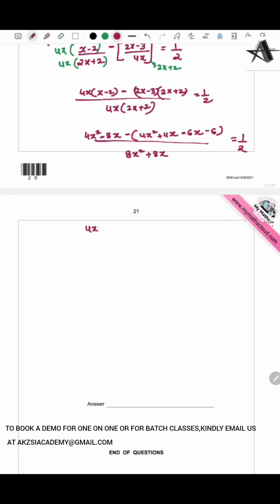This will be 4x squared minus 8x minus, simplifying inside, 4x squared minus 2x minus 6, over 8x squared plus 8x, equal to half.